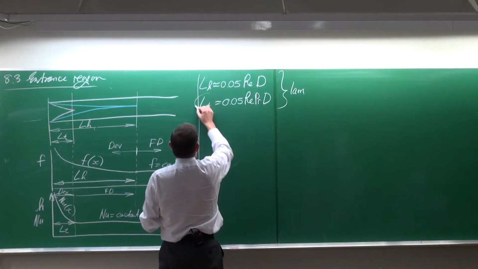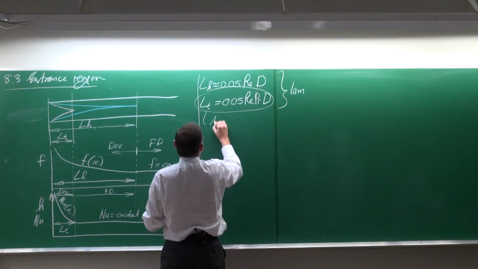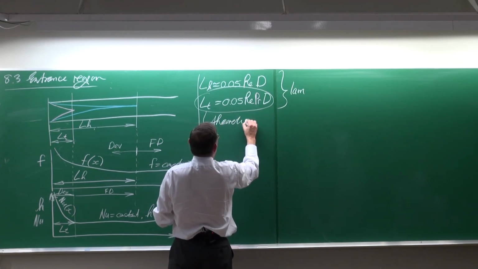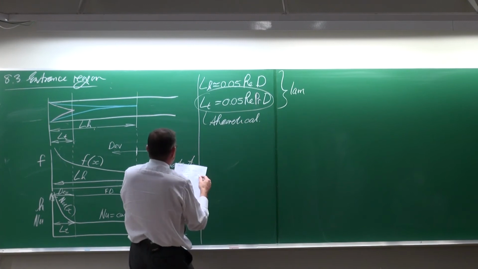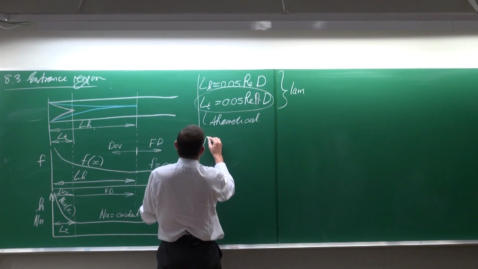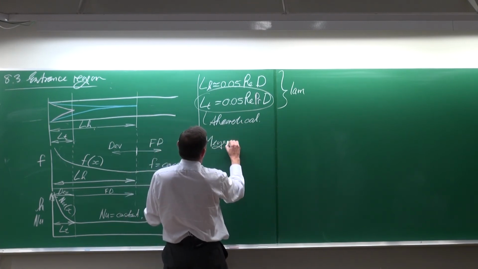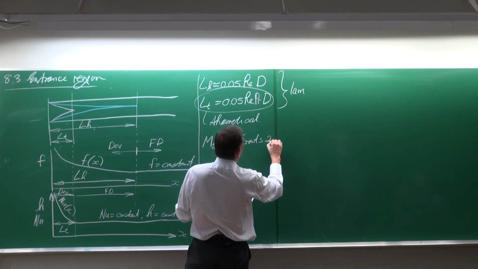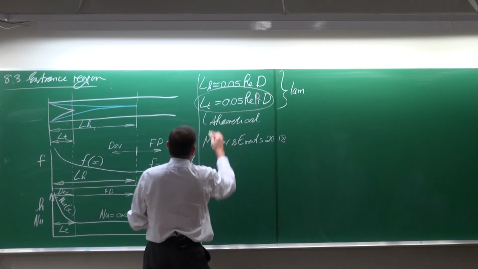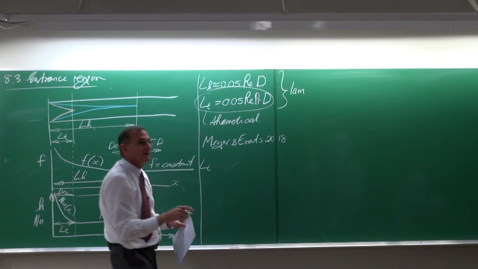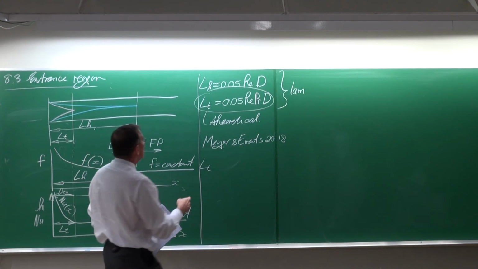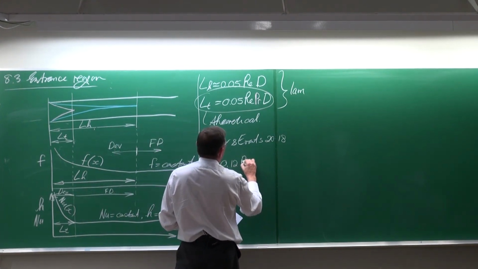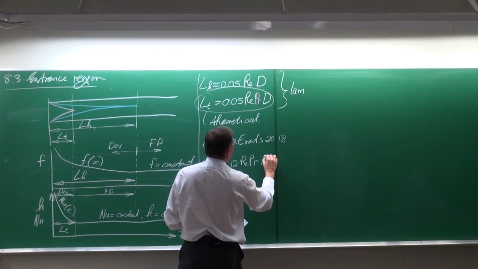Now this equation is a theoretical equation. Okay. If you go and look in the work of Meyer and Everts that we published this year, 2018, you will see that if you compare that length with experiments, you will actually see it is equal to 0.12 Reynolds Prandtl times the diameter.